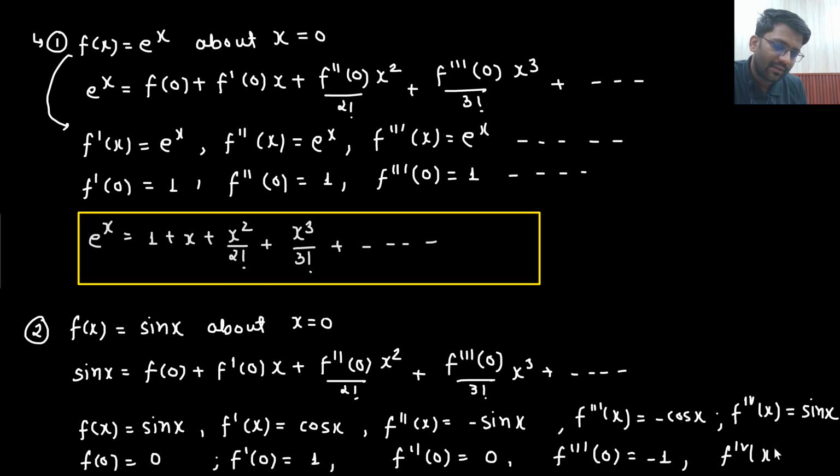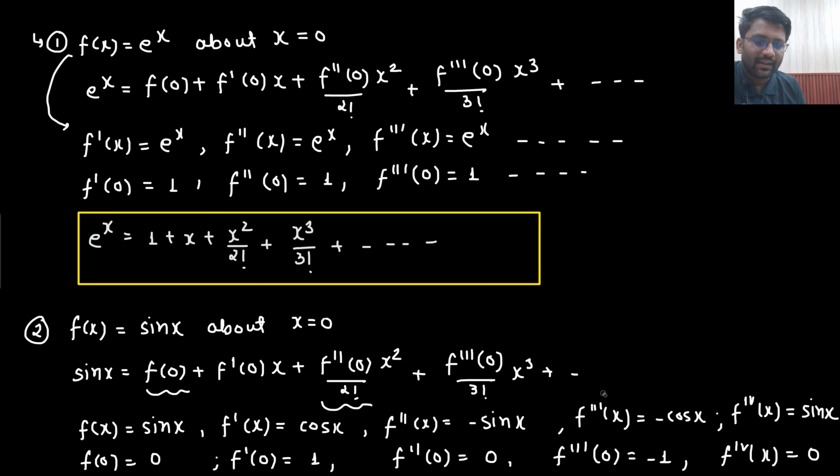And here sin 0 you are getting 0. So what values are you getting? 0, 1, 0, minus 1, 0, 1, 0, minus 1, and so on. F of 0 will become 0. F dash 0 is 1, right? F double dash 0 will become 0.